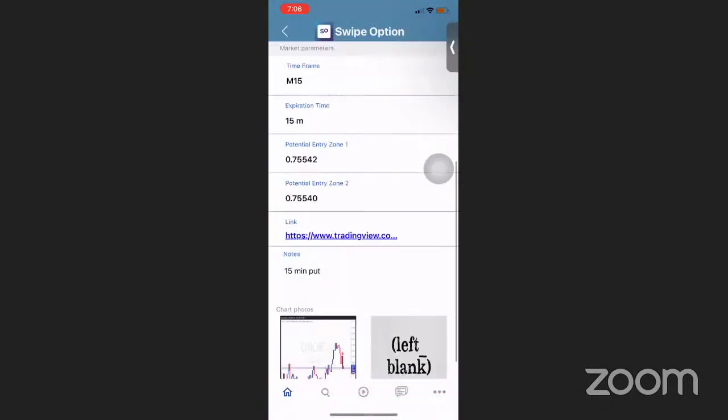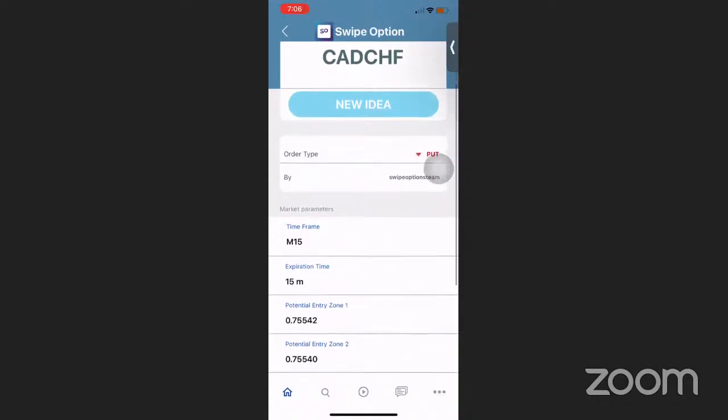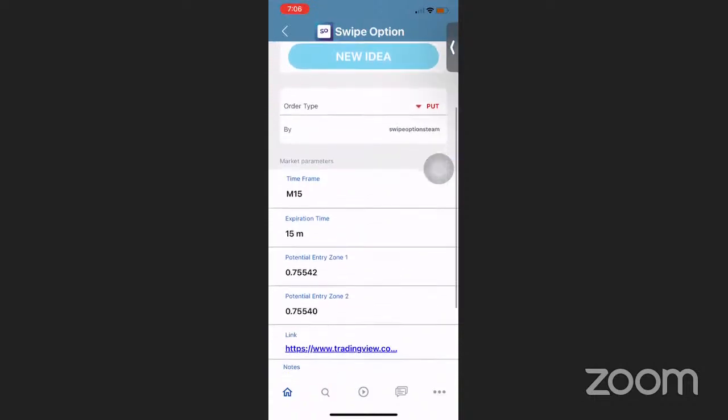So now, how do we take this trade? I will exit out of my phone, and I'm going to share with you my broker. Remember, we know that this is a put, and we know it's CAD CHF. We know that this trade is going to be for 15 minutes. And we also know around what price we need to be taking the trade, okay?